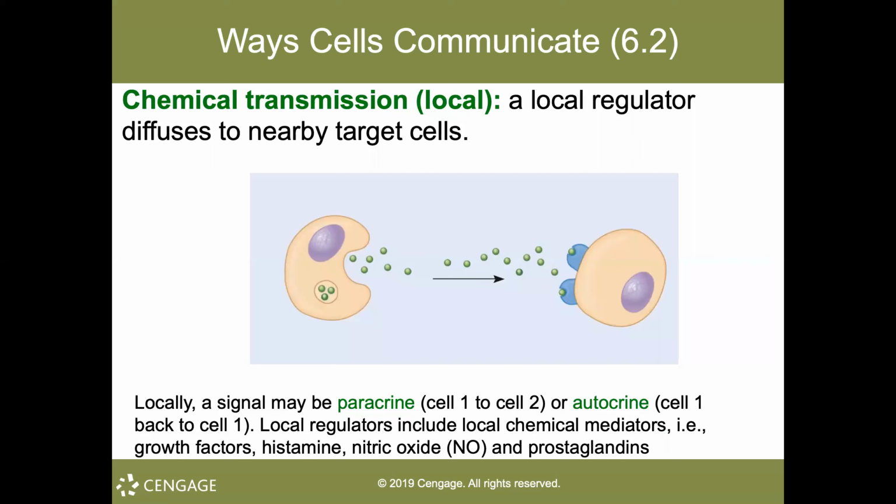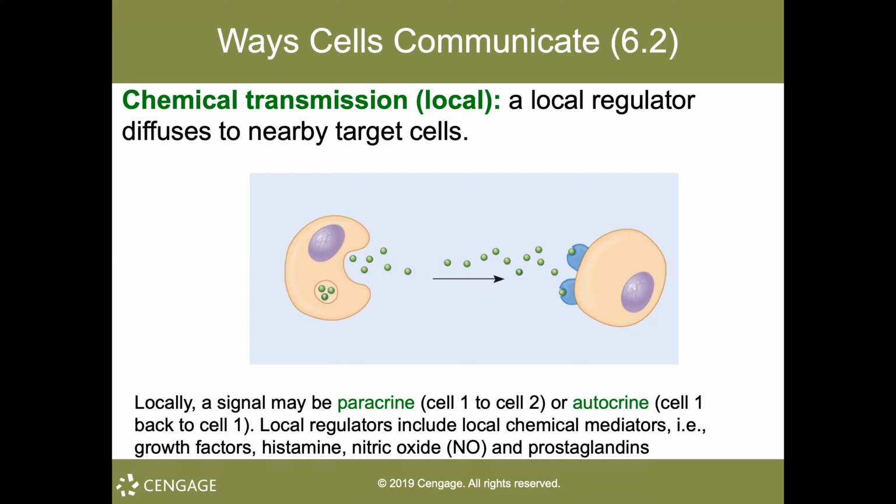So as I mentioned earlier, we have to get these different signaling molecules from one destination to the next. Sometimes the cells are nearby and sometimes these cells are farther away. The chemical transmission to nearby target cells, we call these signals local regulators, okay? So these types of chemicals are transmitted locally.